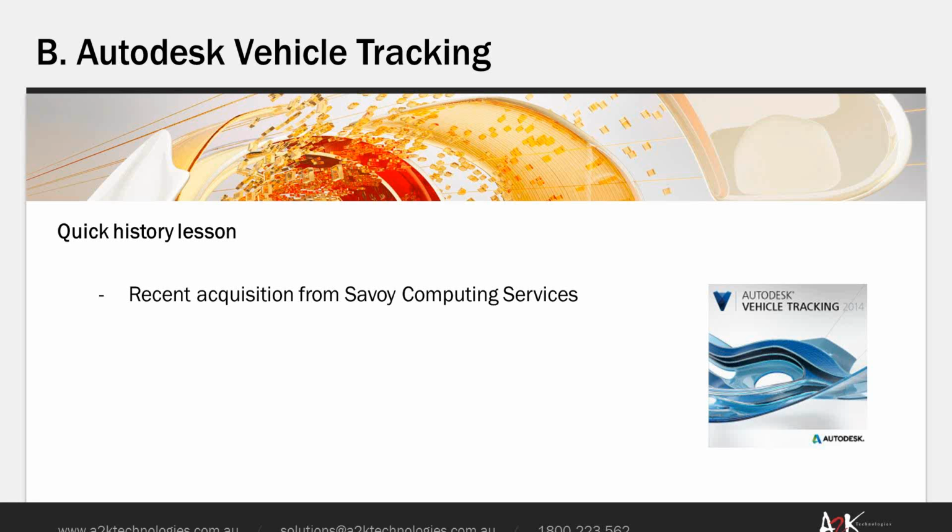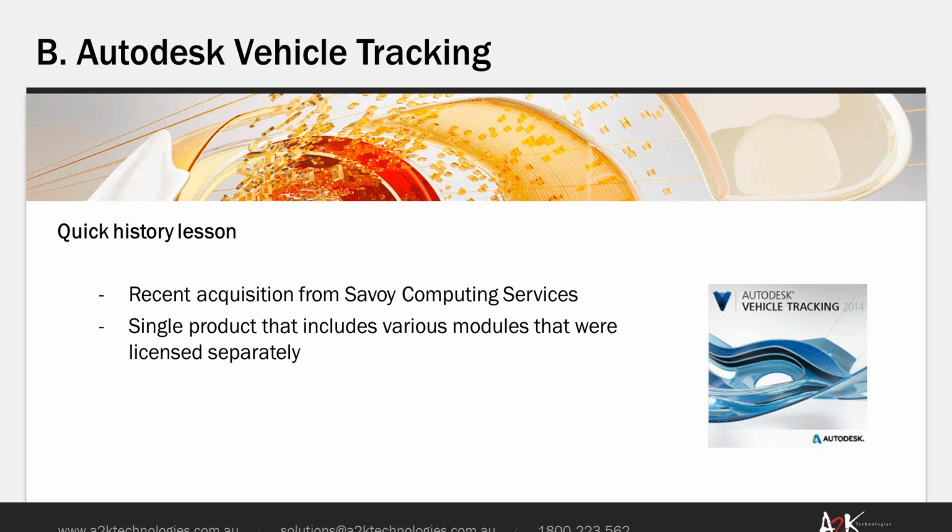So that's a bit of history. Now we're going to the present day. You probably saw in the newsletters and blog postings that AutoTrack had been acquired by Autodesk. Originally, it was written and sold by a company called Savoy Computing Services, based in the UK.